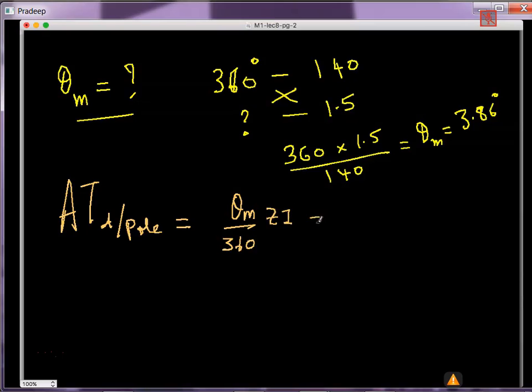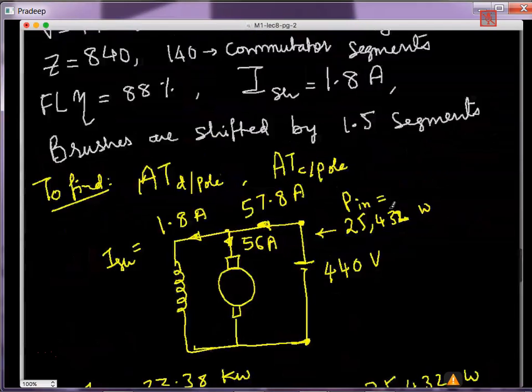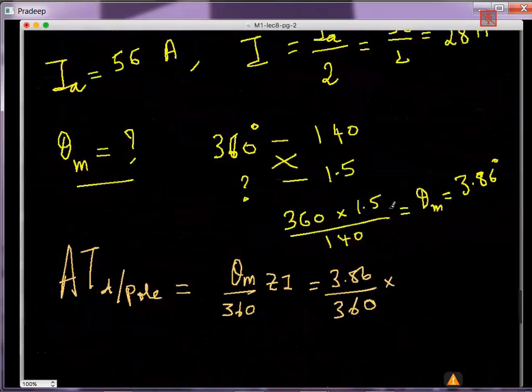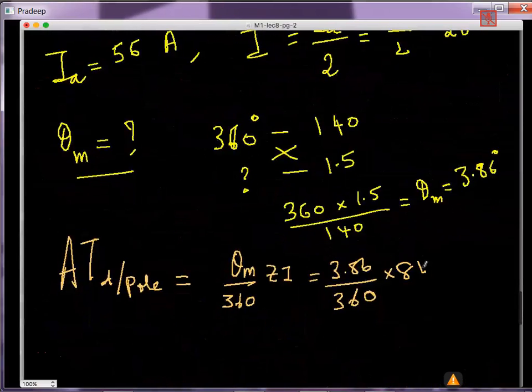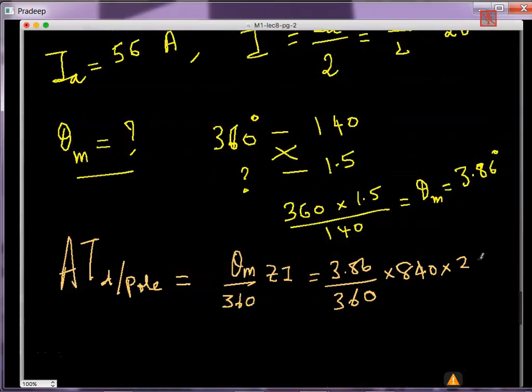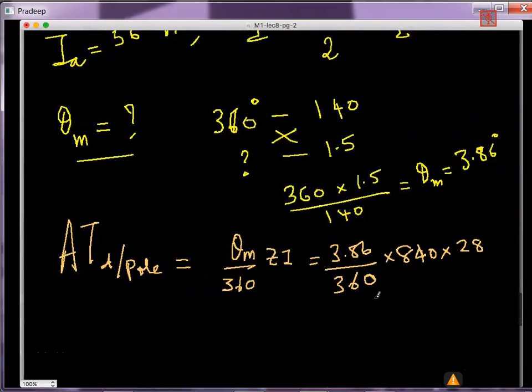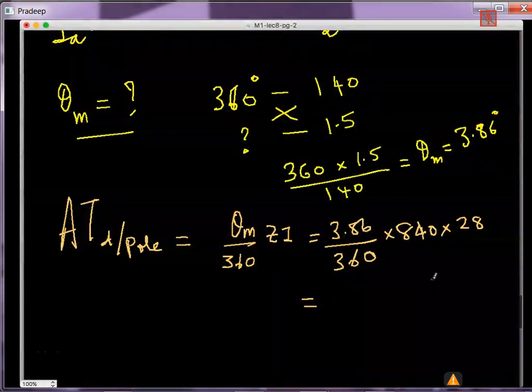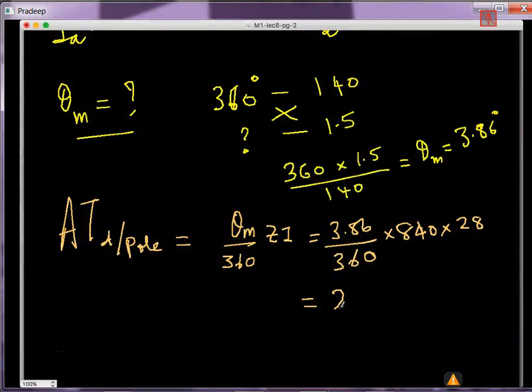So that will be 3.86 divided by 360 multiplied by the number of conductors, 840, given in the question, and the current is 28 amperes. So this gives me the ampere turns, which somehow comes out to be 252 ampere turns.